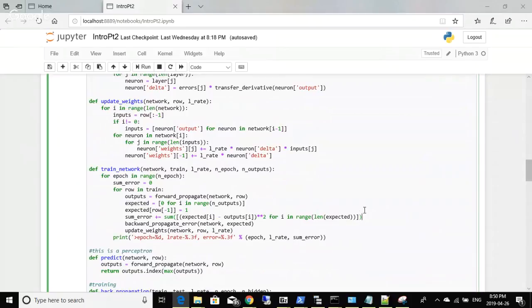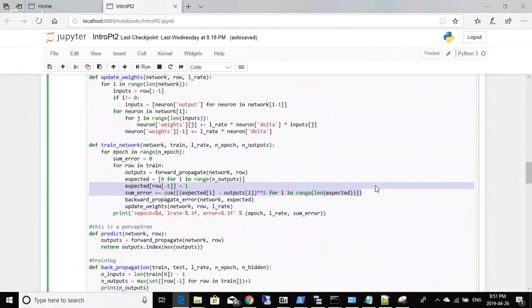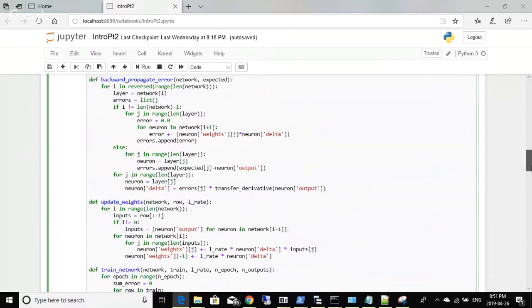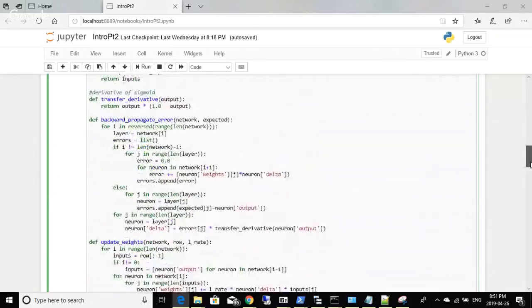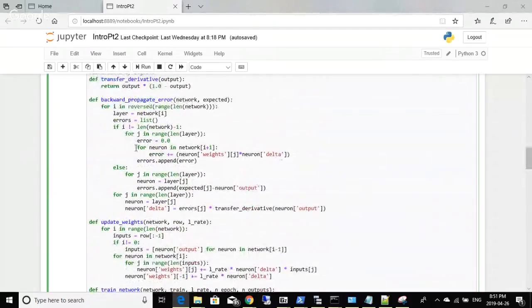This part you collect the errors, the error sum here. Okay, and you back propagate the error, and then you update the weights, right? So back propagation. Let's look at the back propagation here.